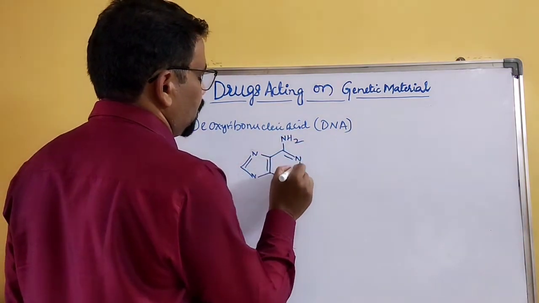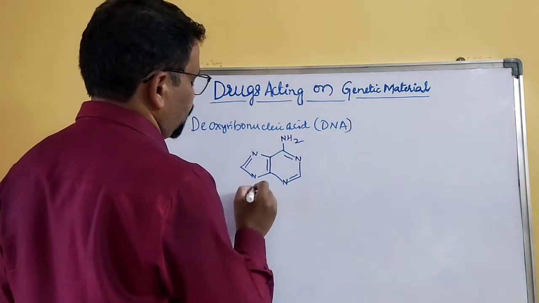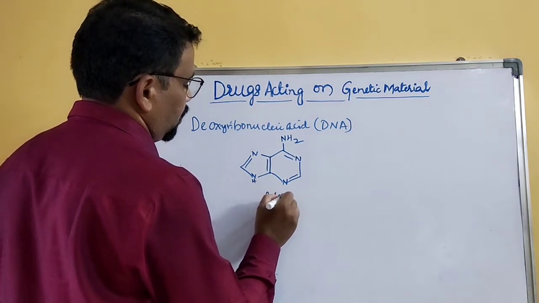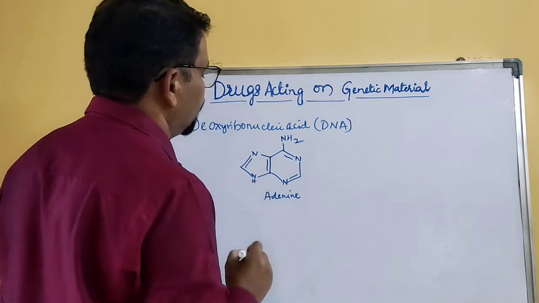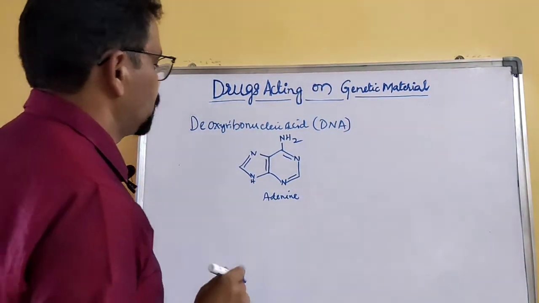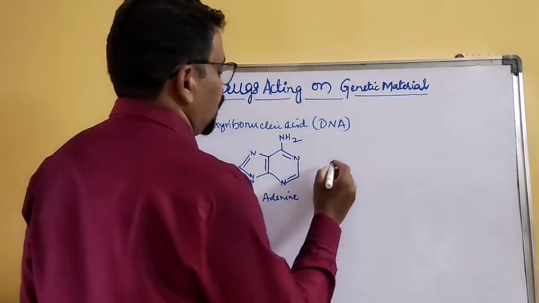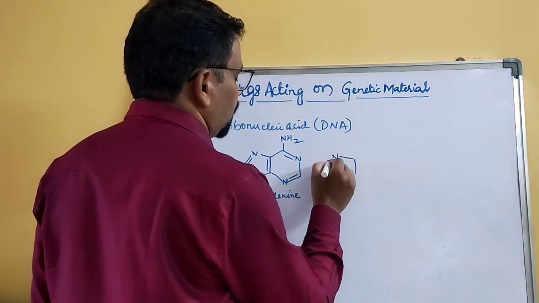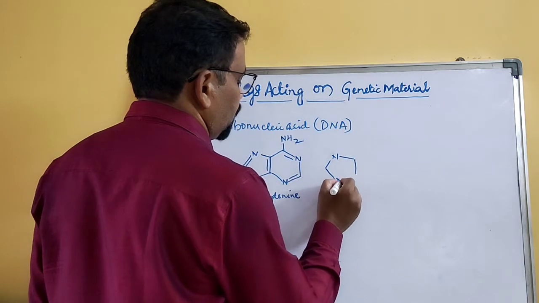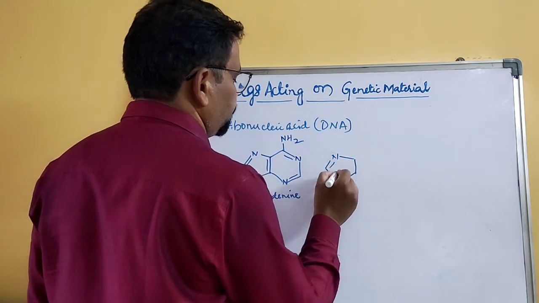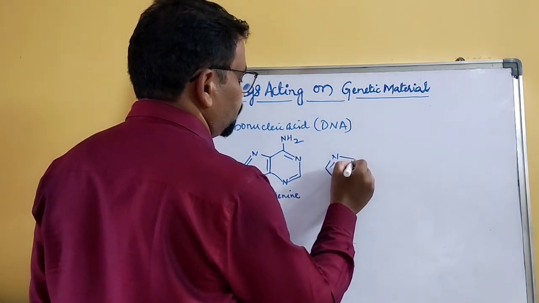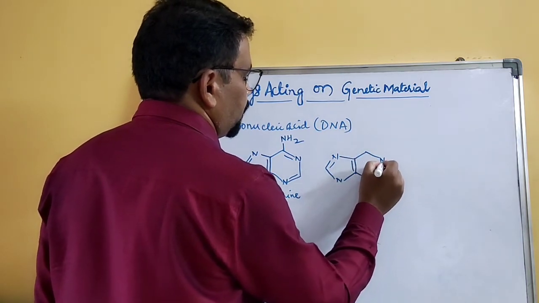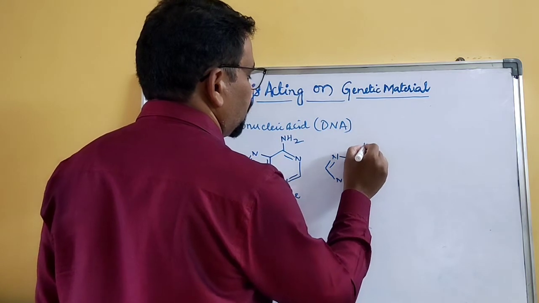So this is the structure of adenine. Okay, so this is one of the bases in the DNA structure, and the guanine structure would be like this.